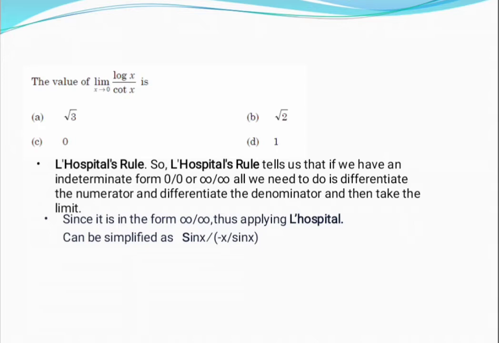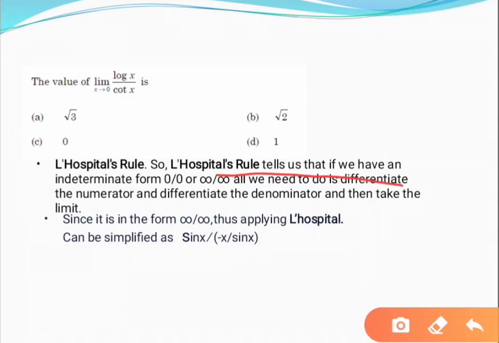What is the form of L'Hospital's rule? It tells us that if we have an indeterminate form 0 by 0 or infinity by infinity, then we differentiate the numerator and differentiate the denominator.